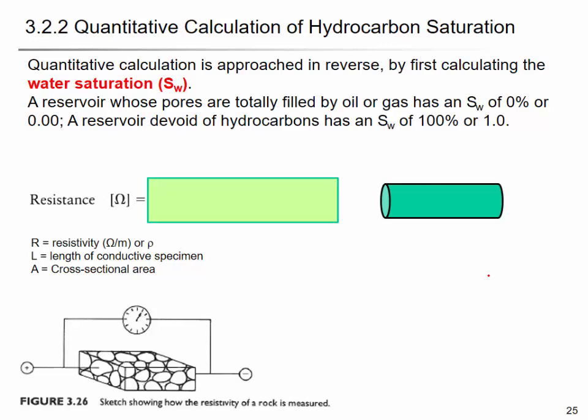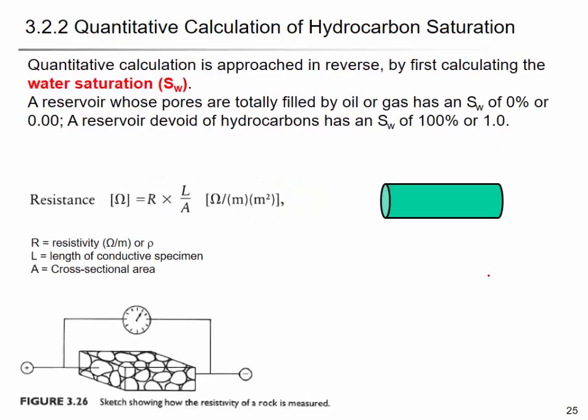Quantification of hydrocarbon saturation from the electrical resistivity is actually reverse, because the water is more conductive than the oil. So we find out first the water saturation, and then we just subtract the water saturation from one, then we'll get the hydrocarbon or the gas saturation.